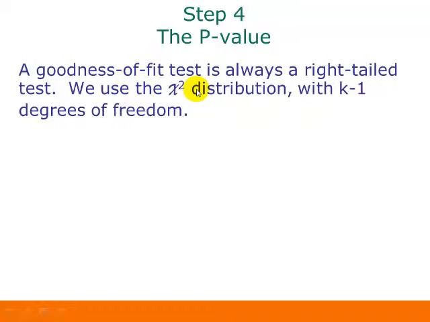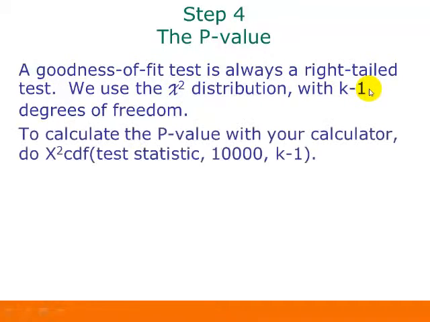We use the chi-square distribution, and we use k-1 degrees of freedom, where k is the number of categories. If we wanted to calculate the p-value with your calculator, you would take your test statistic and put it into the chi-squared CDF function. Since this is a right-tailed test, we're starting with the test statistic, going up to a big positive number, and then putting in our degrees of freedom, which is k-1.